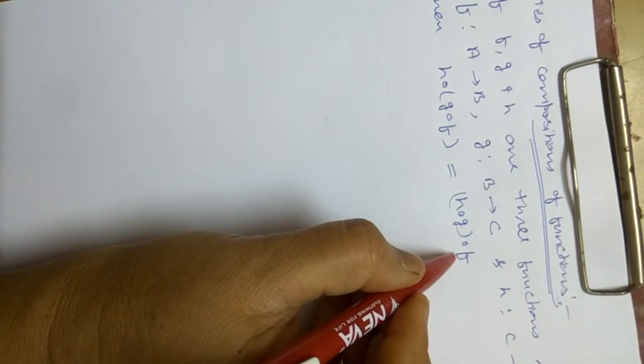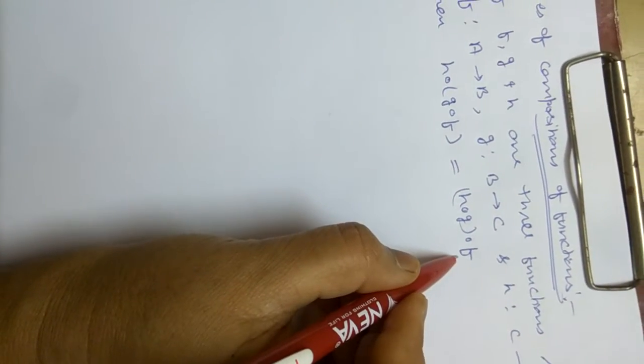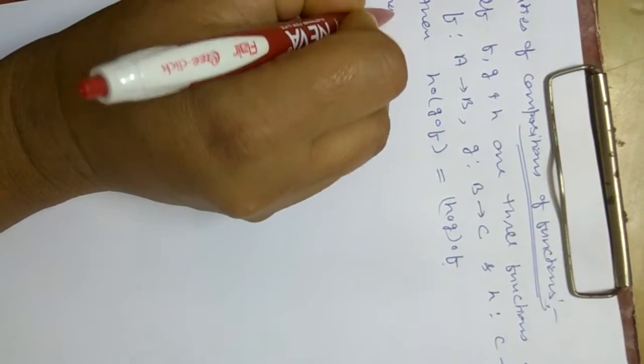It means the composition of functions is associative. And now we have to do the proof.